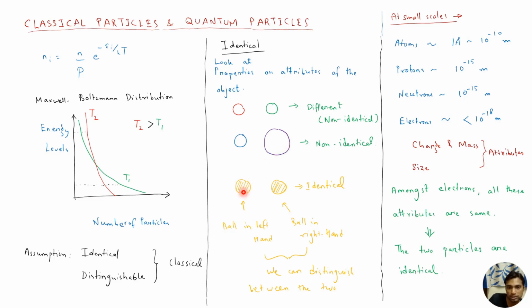But here you see a yellow ball, the size is the same, the color is the same, so these are identical. In the real world, if the mass, color, size, geometry and all the properties and attributes are the same, then we call them identical particles.